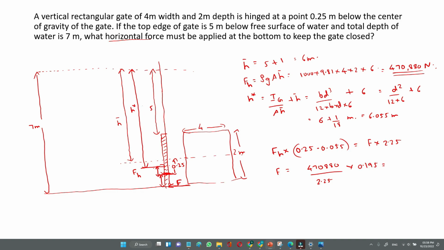This is equal to 4809.6 Newton. Or you can write it as 40.8 kilonewton.